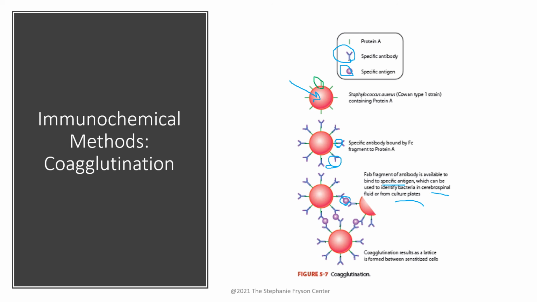So together you form a nice coagulation system. It's done through the presence of protein A on Staph aureus. Staph aureus binds with the specific antibody. That antibody binds with the specific antigen, and then you get this nice clumping that is measured.